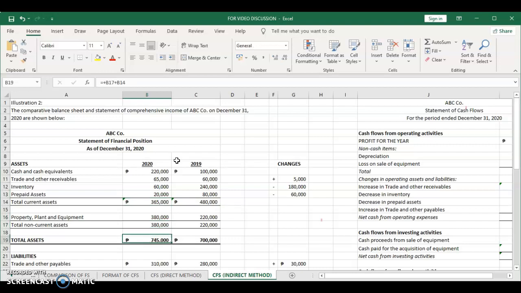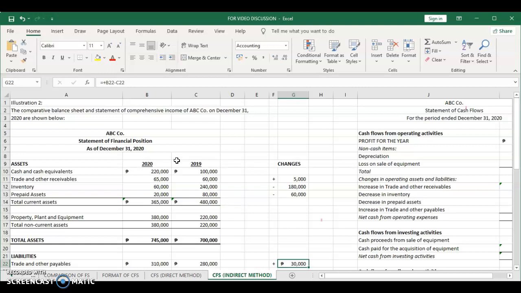So we have here the current liability. So take note class, ang gagawan lang natin ng changes is the current assets and then current liabilities lang. Okay? So yun lang yung gagawin muna natin.